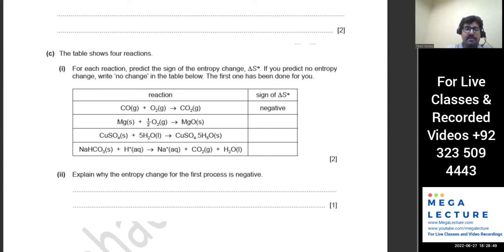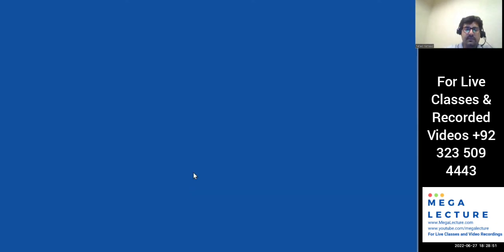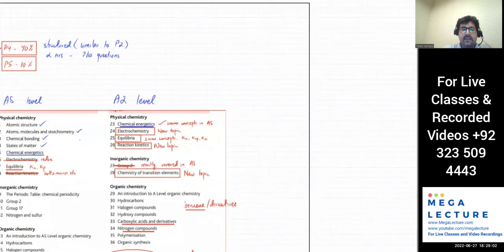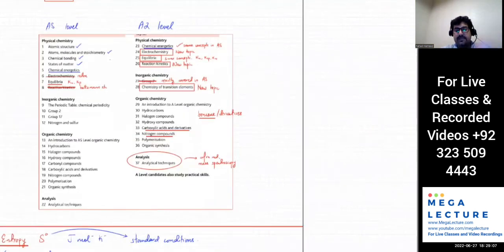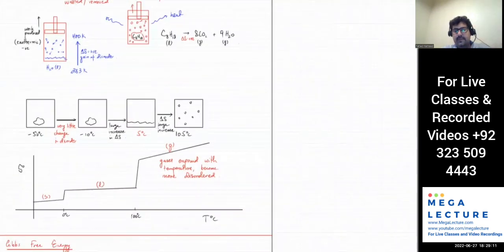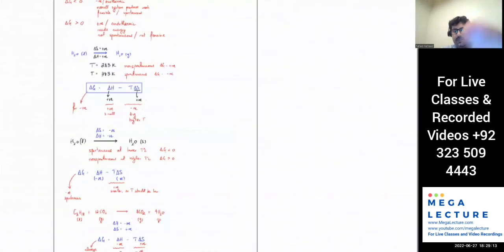And also remember, the only confusing thing in this whole chapter is where they don't give you the values and you have to figure out what happens to the feasibility of a reaction when you increase or decrease temperature. Does delta G become more negative? Does delta G become more positive? Where's the part where I made the table?